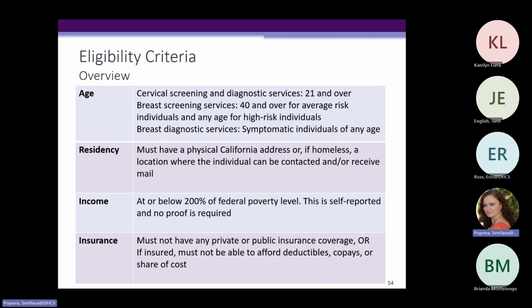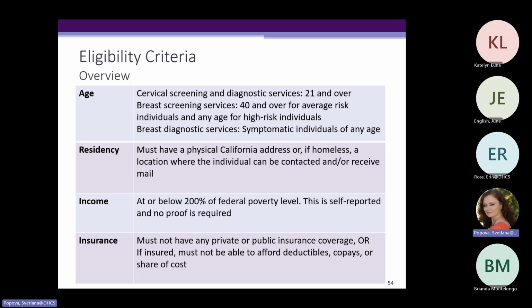Income. This is supposed to be straightforward. It's below the 140% level, and this is self-reported, and we don't require any proof. In regards to insurance, people should not have any private or public health insurance, or if they do have insurance, they're not able to afford deductibles, co-payment, and share of cost.